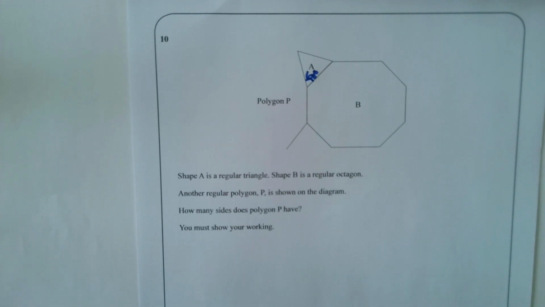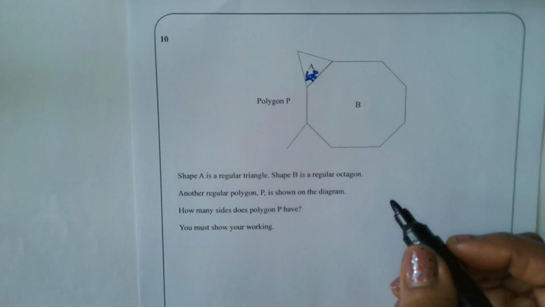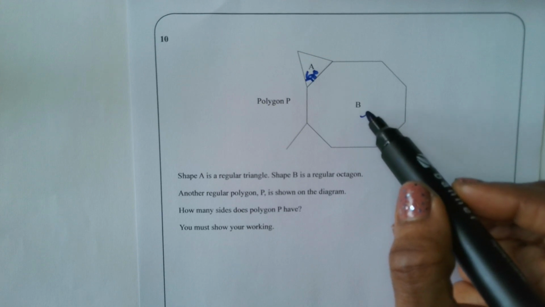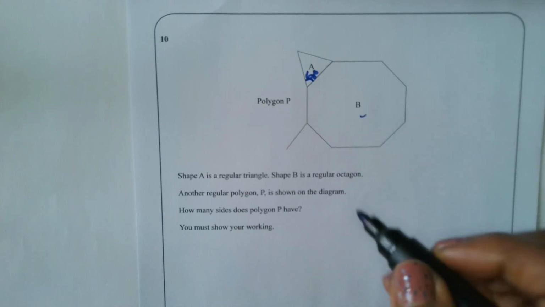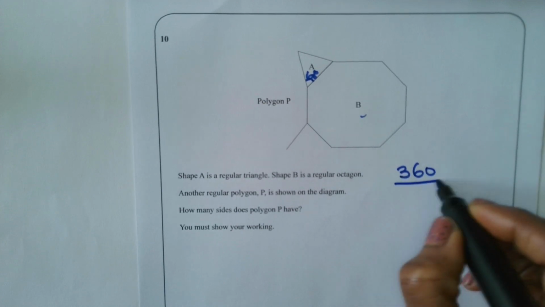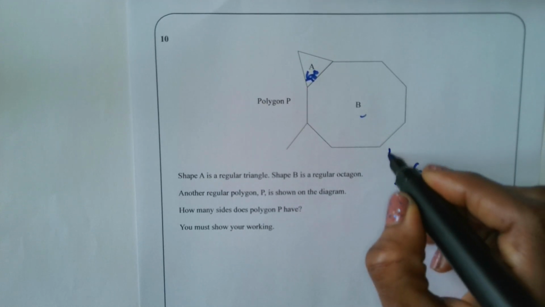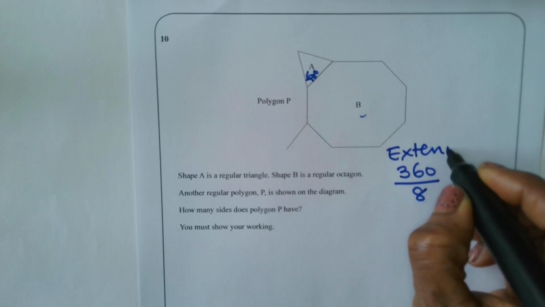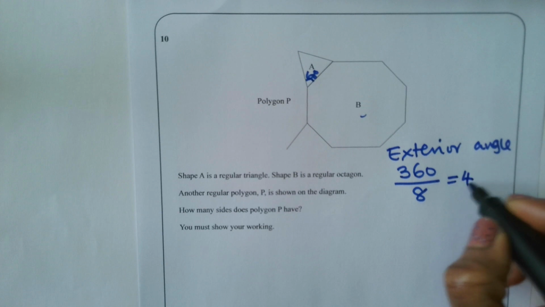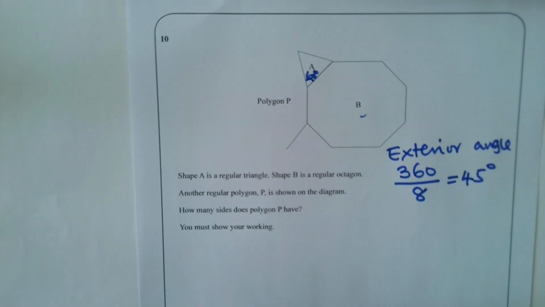The interior angle of the triangle is 60, just like I've told you, and the exterior angle of this regular octagon is going to be 360 divided by 8. Remember, it's exterior angle, which will give me 45 degrees.